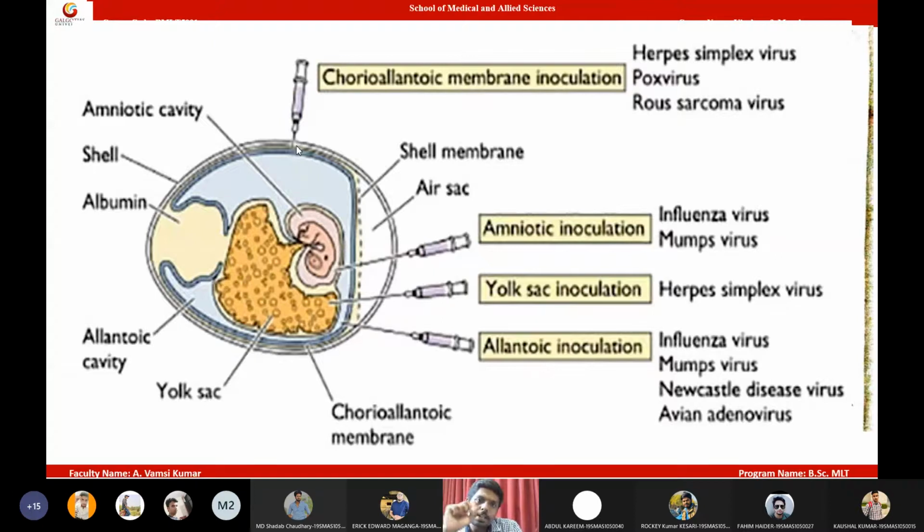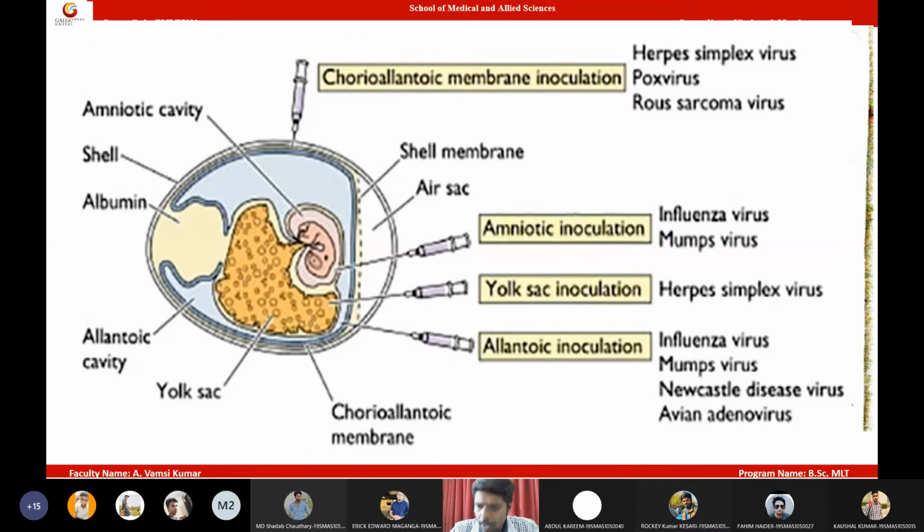These tiny nodules are called pocks, which means they are small nodules. Presence of these nodules indicates positive for viral growth. Similarly, we can identify certain features to pinpoint whether the virus has grown in the egg or not.